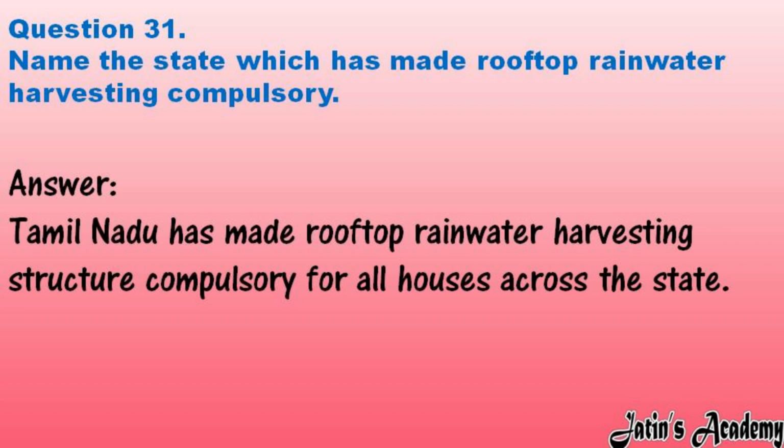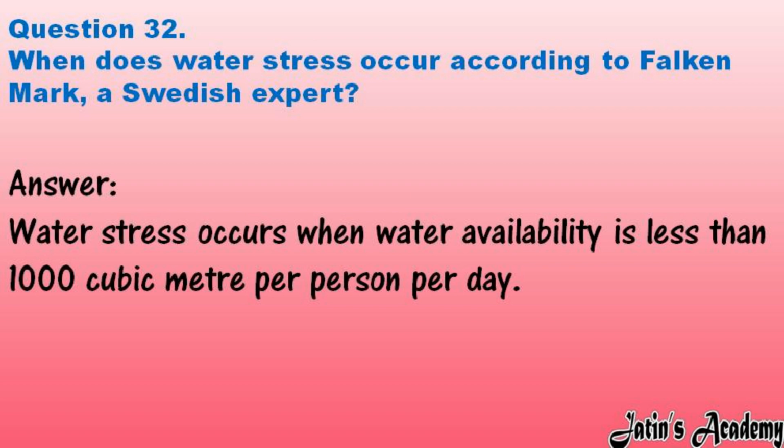Answer. Tamil Nadu has made rooftop rainwater harvesting structures compulsory for all houses across the state. Question 32. When does water stress occur according to Falkenmark, a Swedish expert? Answer. Water stress occurs when water availability is less than 1000 cubic meters per person per year.